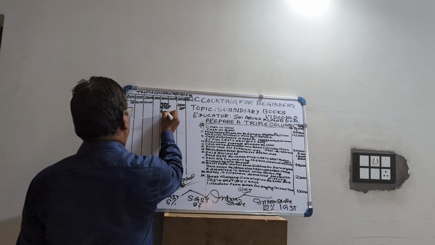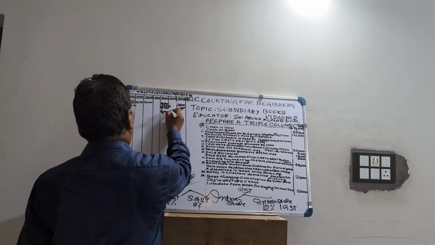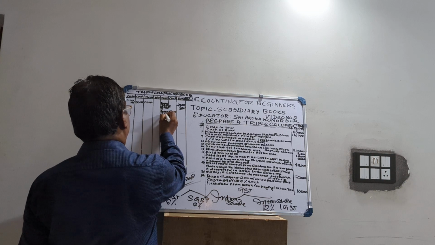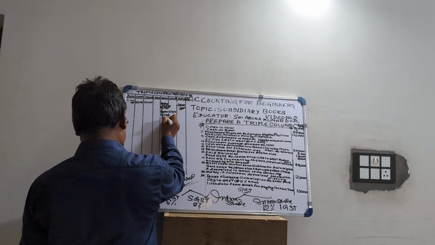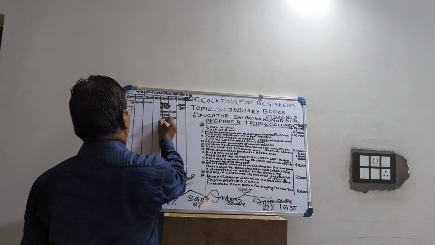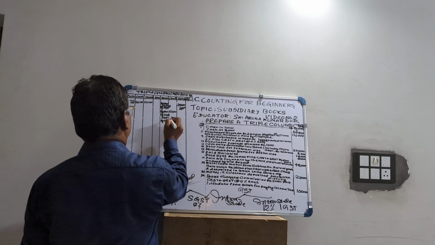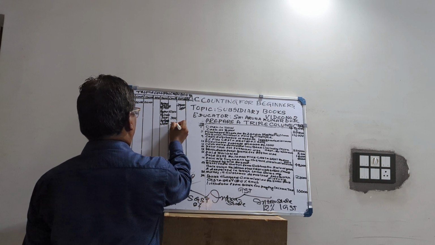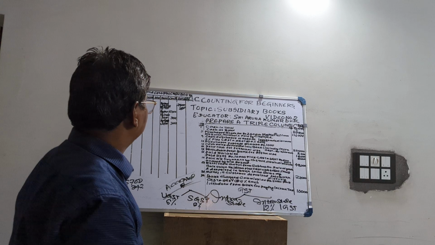So on the cash column write 5,700 by purchase, by input CGST, by input SGST, that is 342 each. It will be shared equally by the center and the states.